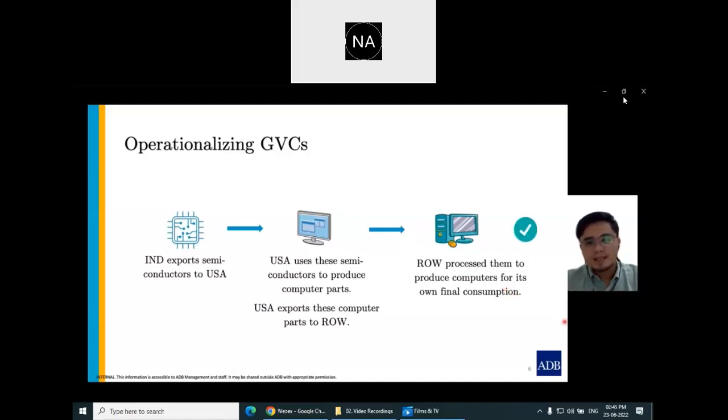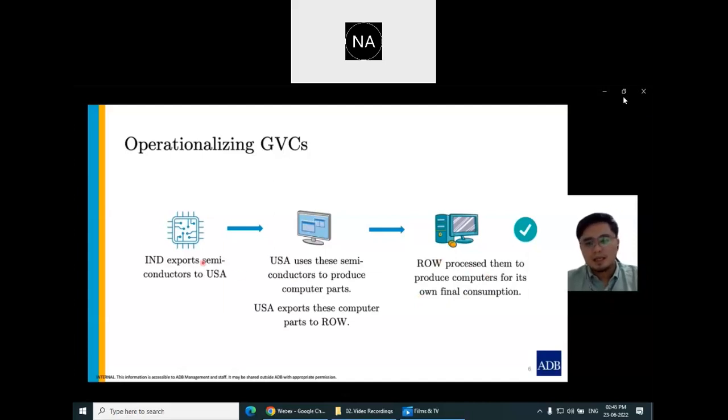The answer is yes. So in this case, India exports its domestic value added embedded in semiconductors to USA. And then USA uses India's value added in producing computer parts, which the USA exports to the rest of the world, where it is processed into a computer to be eventually absorbed domestically.